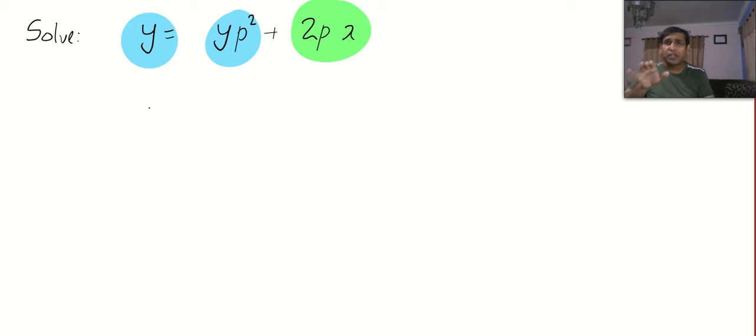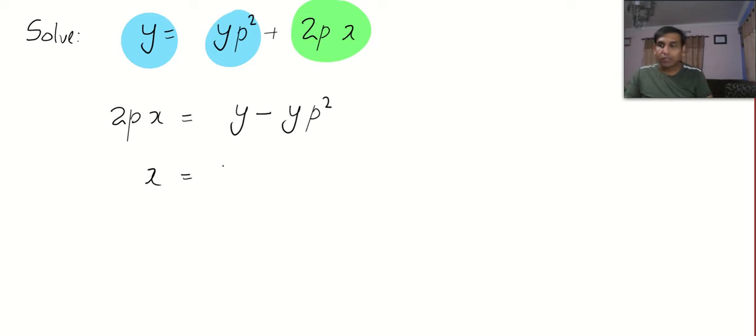So I know that solving for x will be easier. So I'm going to write x in terms of y. Now I have to divide throughout by 2 into p. So that will be y by 2p minus yp square by 2p.